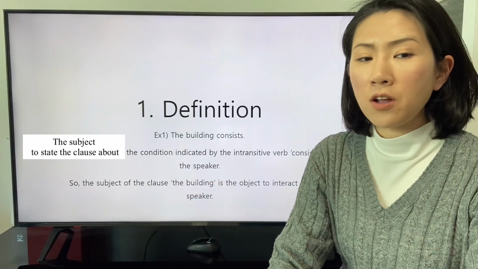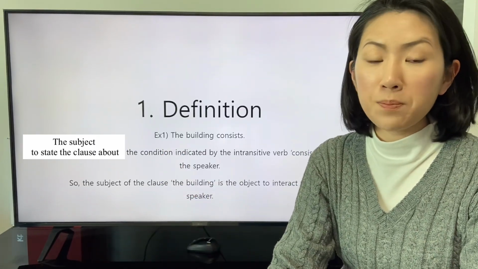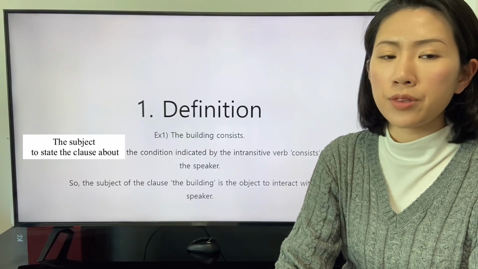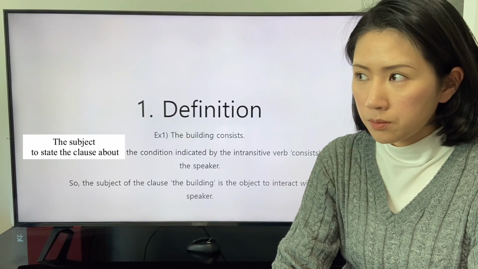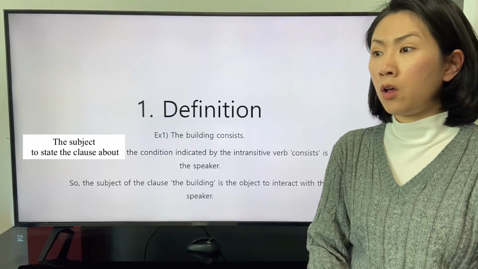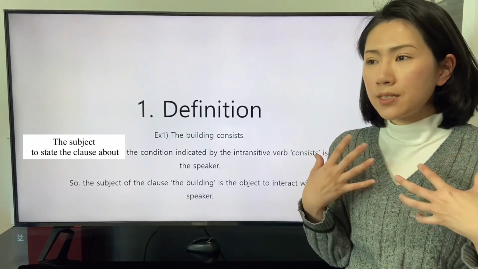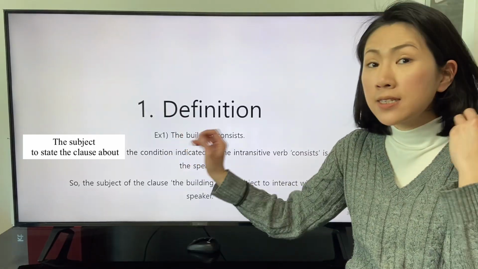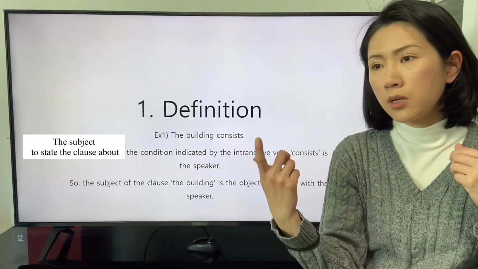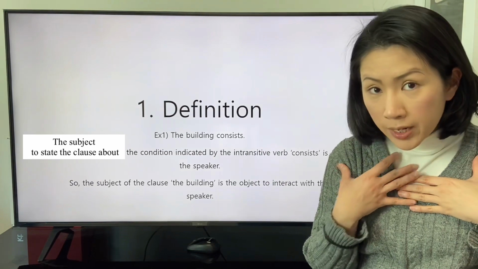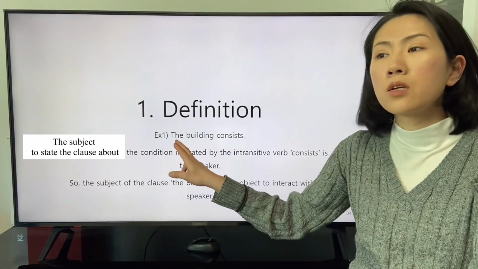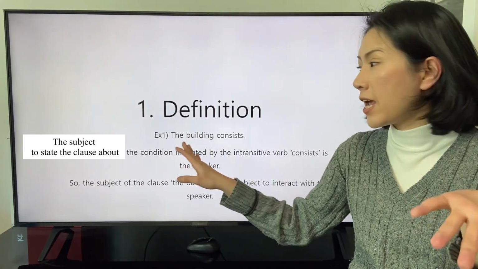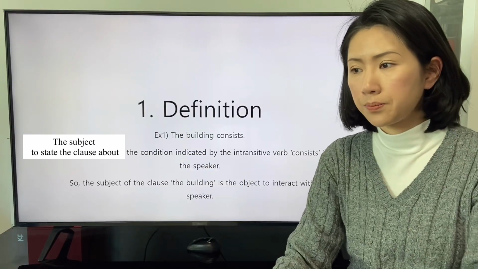So the subject of the clause, the building, is the object to interact with the speaker. The speaker states this clause as a subject, and the object to interact with the speaker as the subject is a phrase of a noun, the building.